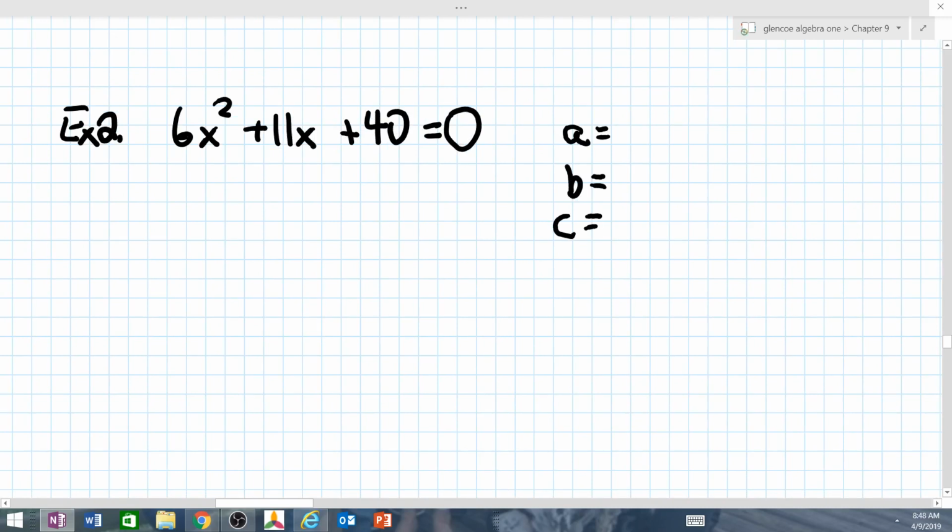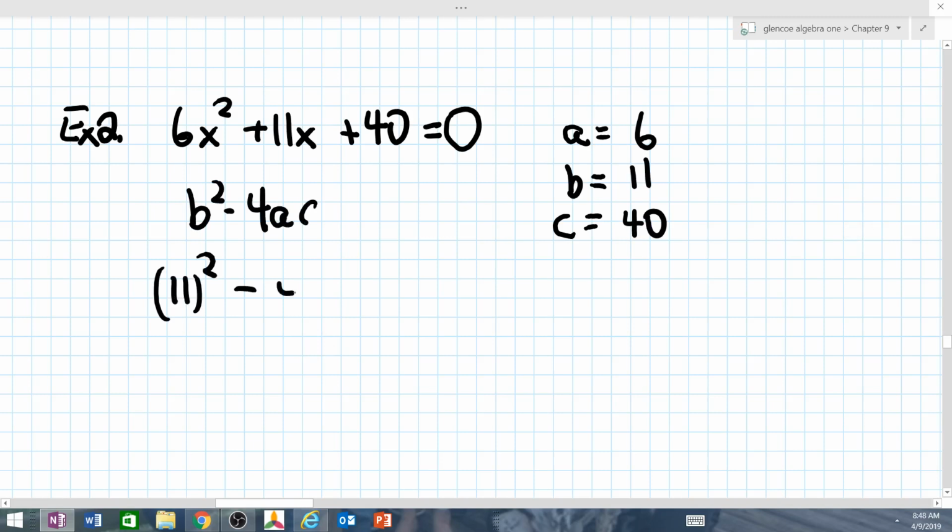What does A equal, class? What does B equal, class? And what does C equal? 40. Okay, let's plug them in to b squared minus 4ac, which would be 11 squared minus 4 times 6 times 40.